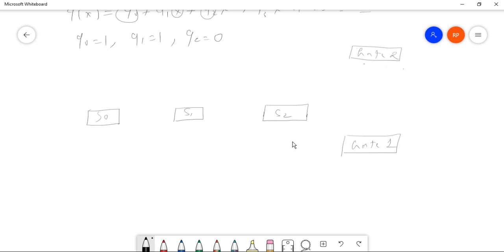The S2 output, which is coming out of S2, will be connecting to gate number 1 as well as gate number 2. And gate number 1 is connected to enable 1, and this is connected to enable 2. They are not so important, and out of gate number 1 the outputs will come, that is the syndrome.